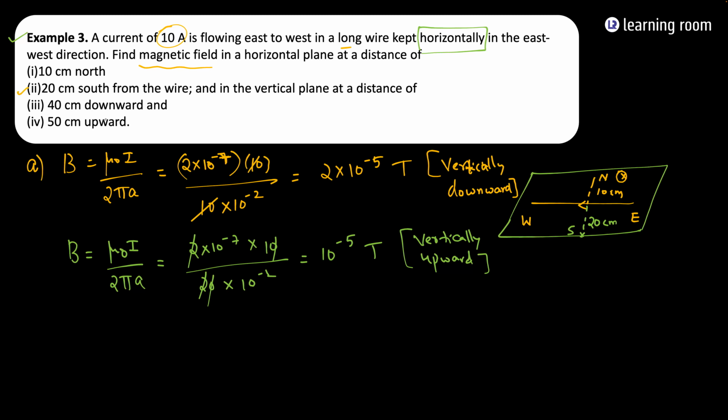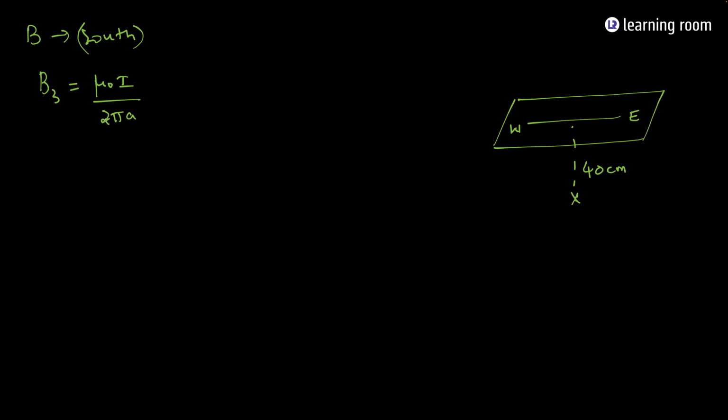0.5. No, let's see if we are getting it. So mu naught I by 2 pi A is going to be 2 into 10 power minus 7 into I, which is 10, the whole divided by what is the distance? A. So 40 into 10 power minus 2. Cancel this and this, it will be 2. So 1 by 2 into 10 power minus 5. It's the same. It should work.